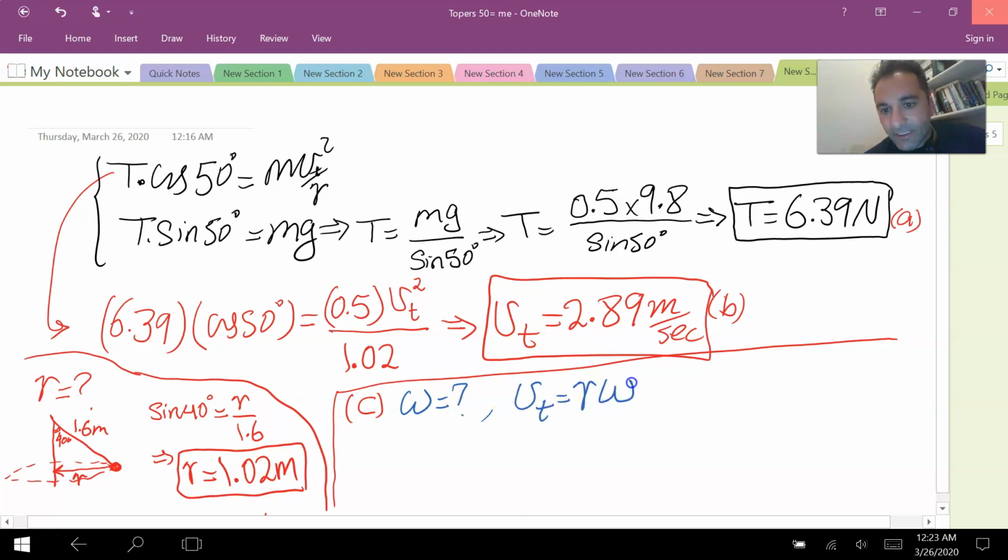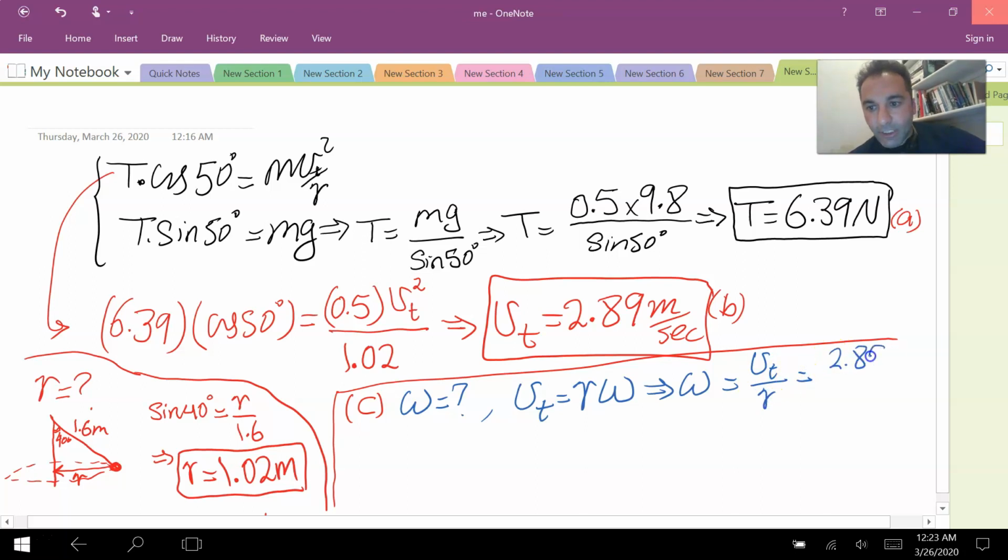Is it not VT equals R omega? Therefore, omega becomes VT divided by R, which is 2.89 divided by 1.02. The answer is 2.83.